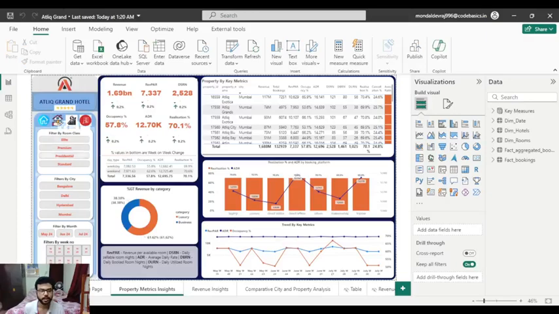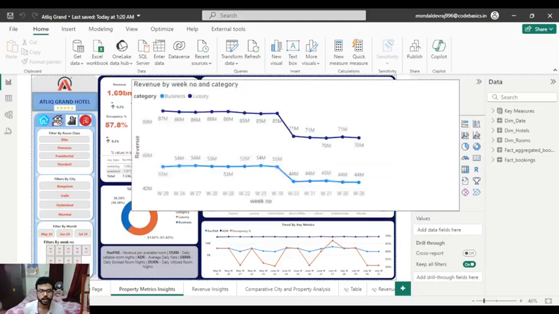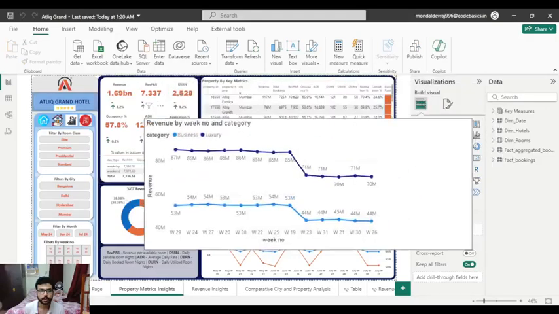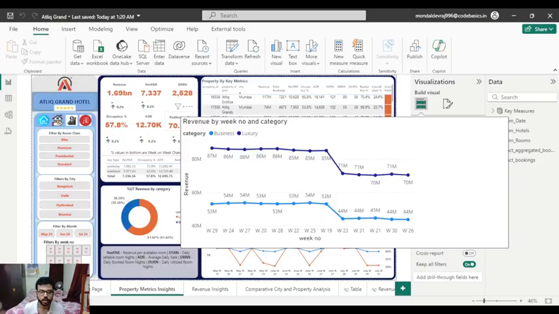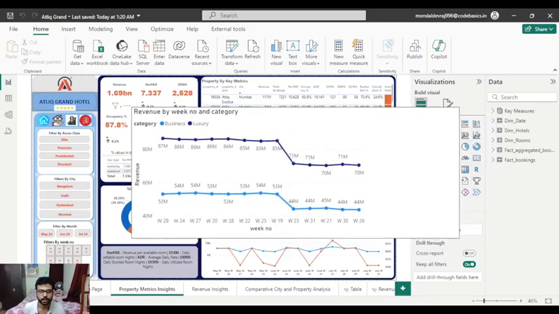On the left hand side, we can see some filters like filter by room class, filter by city, filter by month, and filter by week number. And now coming to the KPI cards, we can see the revenue, RevPAR, DSRN, occupancy percentage, ADR, and realization percentage. And here we can see the tooltip pop-up, which is basically a line chart that appears.